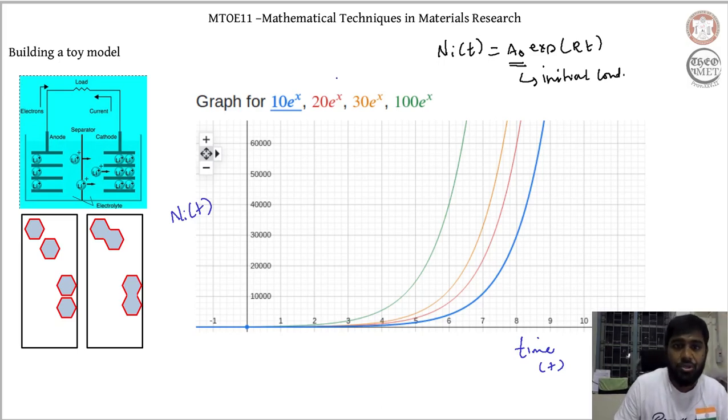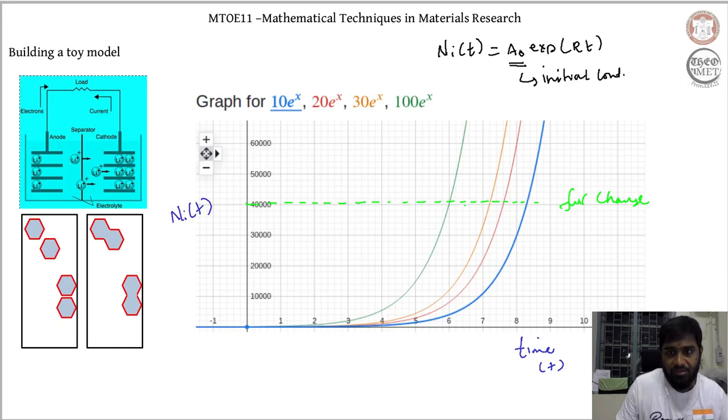Now if I assume that this line here indicates my full charge, as you can see, depending on the initial condition, the time required to reach full charge significantly varies.